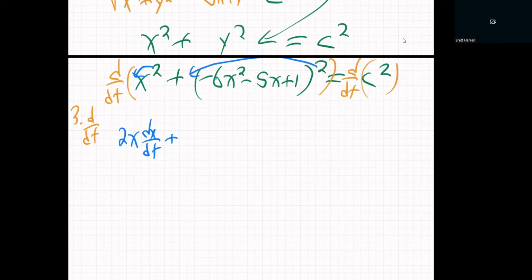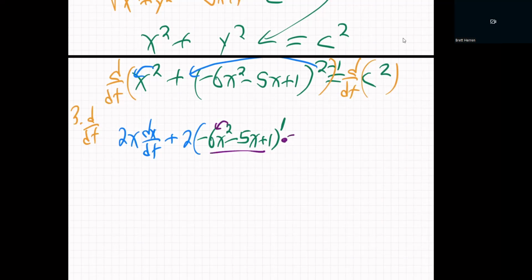Bring down the 2, and keep the inside the same, minus 6x squared minus 5x plus 1, lower the power to 1, subtract 1 from it. And then go chain rule. Chain rule says times the derivative of the inside function, which is what?